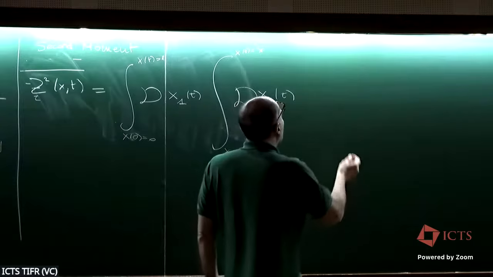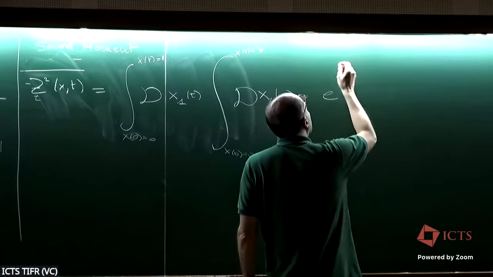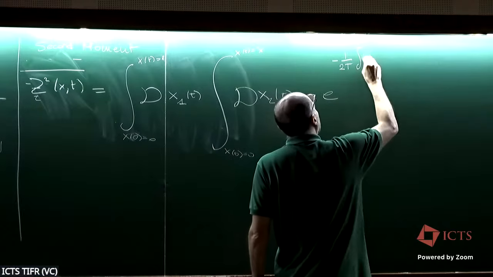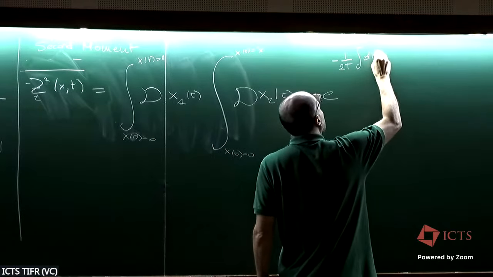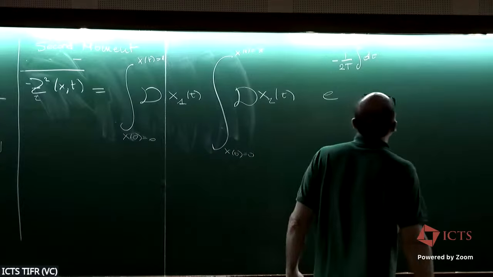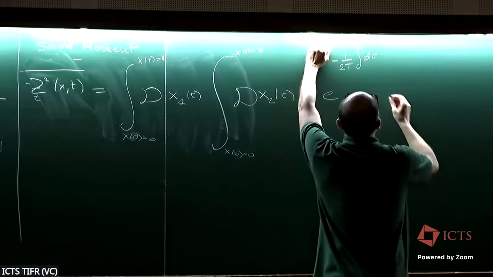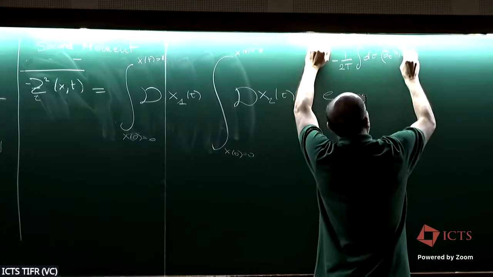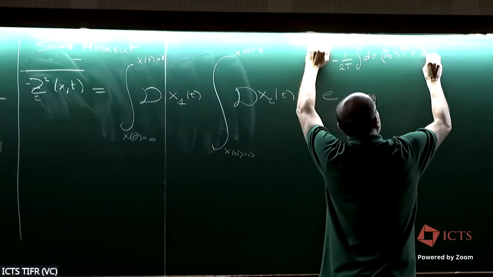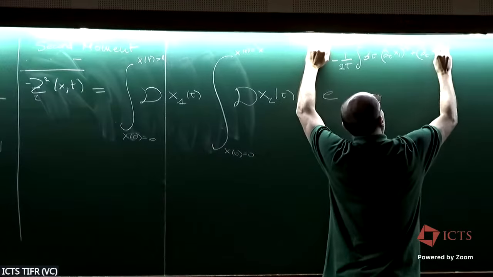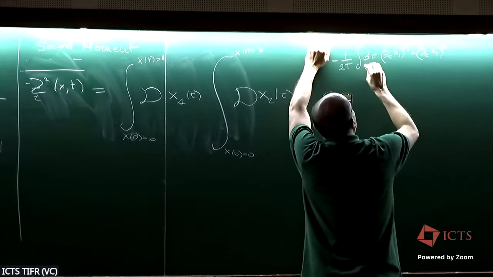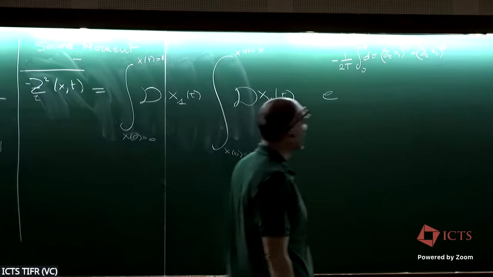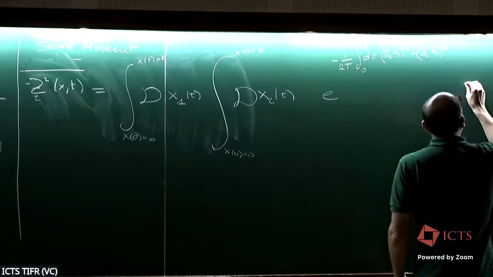And now we have a term which is the kinetic term that again is not very important, in the sense that it's just d tau x1 squared plus d tau x2 squared, from 0 to t. Here nothing happens, there is no disorder, but the disorder is here.